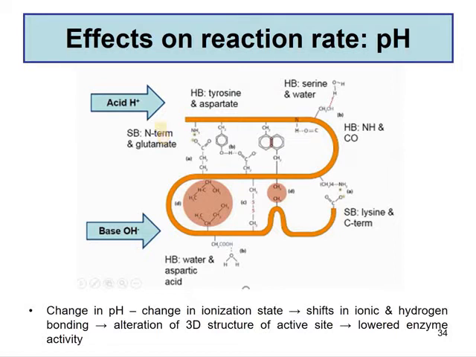Okay, so for example, the addition of acid into, let's assume this is a whole enzyme, and being an enzyme, there is an active site somewhere here, wherever there will be an active site. So what happens is when you add the acid, the H plus will then go and disrupt the ionic bond there.